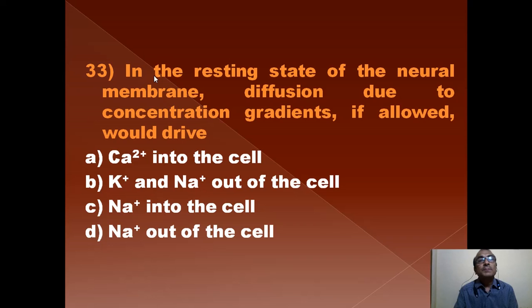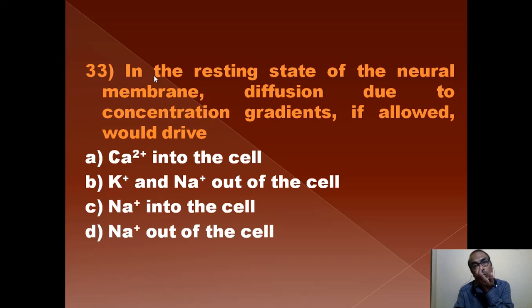Question number 33. In the resting state of the neural membrane, diffusion due to concentration gradient, if allowed, would drive which ions where? We have to find out. A. Calcium ions into the cell, potassium and sodium ions out of the cell, sodium ions into the cell, sodium ions outside the cell.